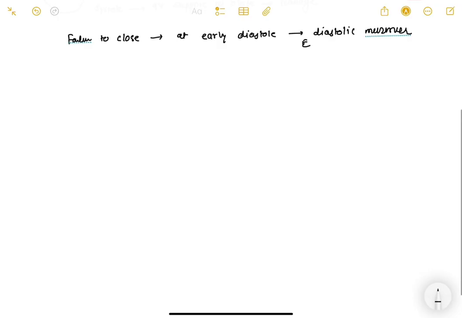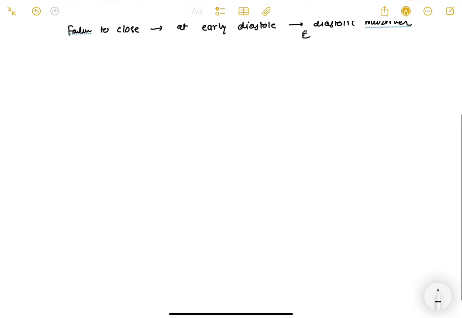Now let's study the pathophysiology. Pathophysiology is very important because once you know the pathophysiology, the clinical features and the whole concept behind that particular topic are covered. So the pathophysiology of AR.